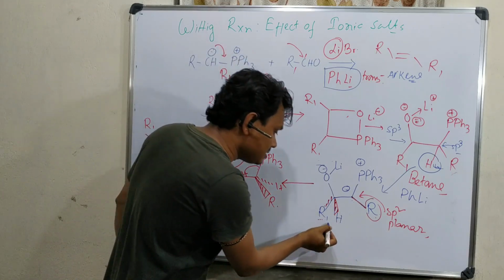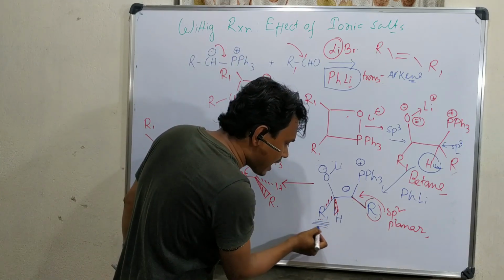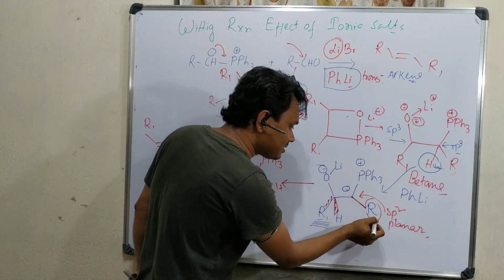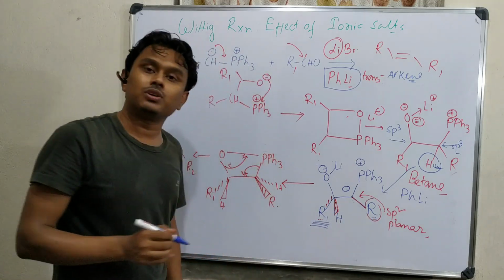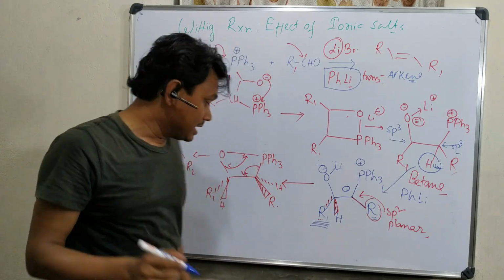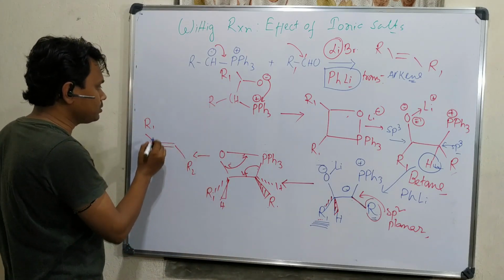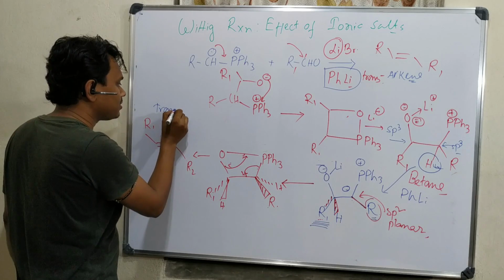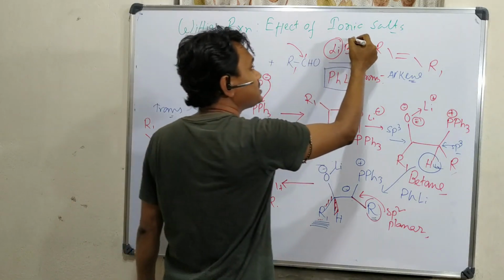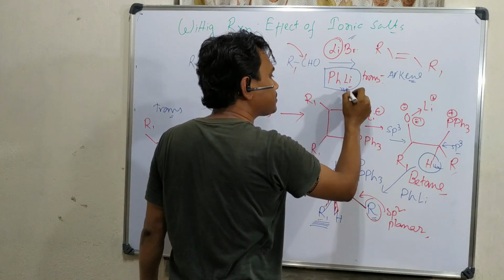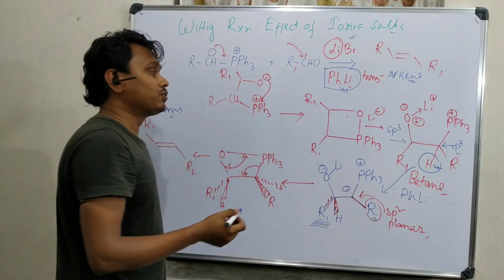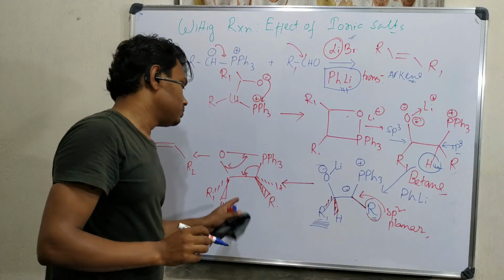It will never allow the protonation such that these both are in the same side, and it will exclusively result in this anti-conformation which will produce the trans alkene. So first of all, this is to open the ring. Second, abstract the proton. Third, protonation will occur to give this anti.